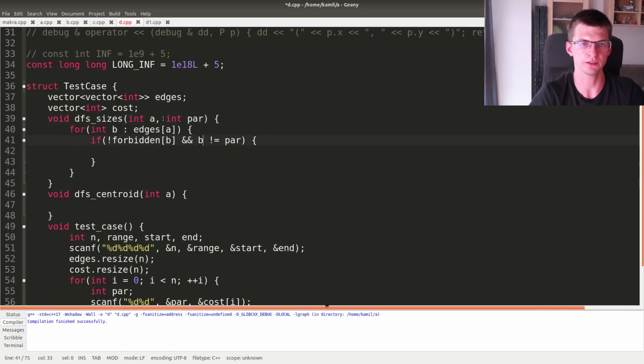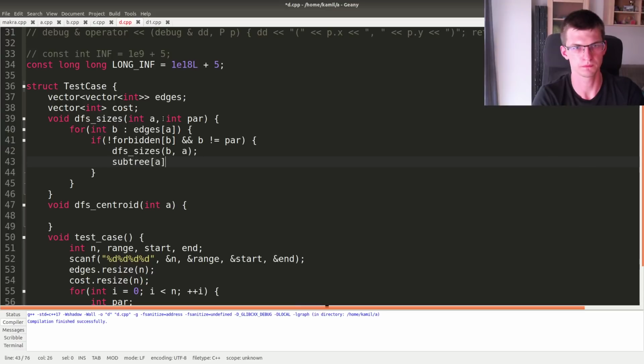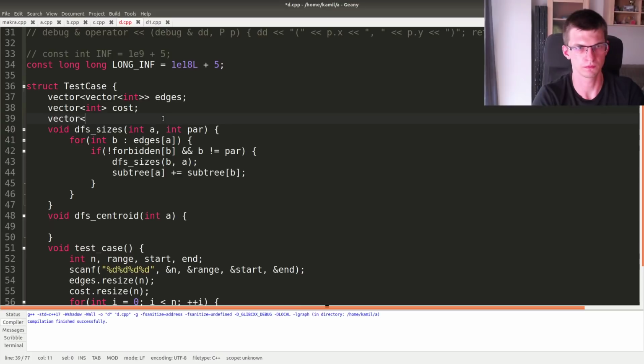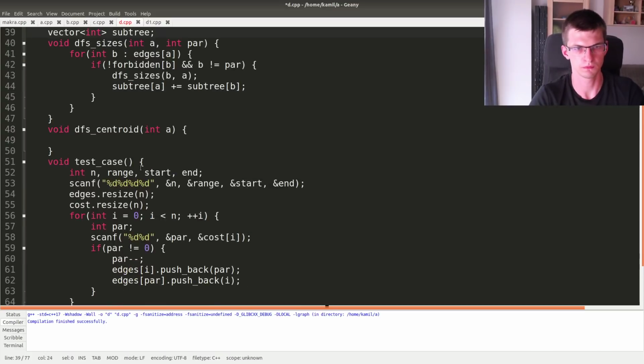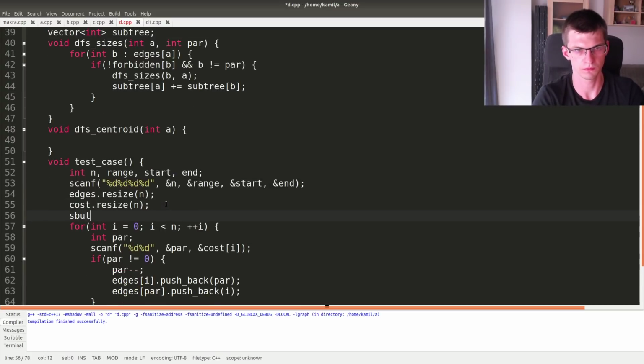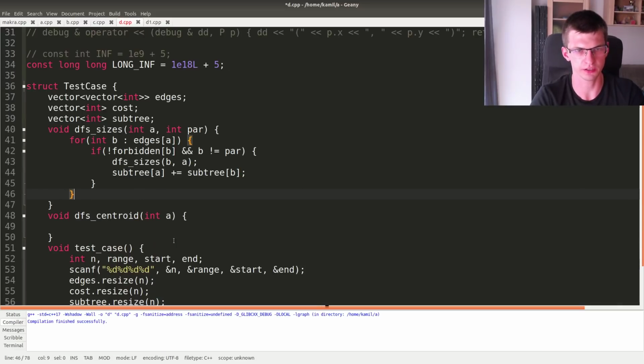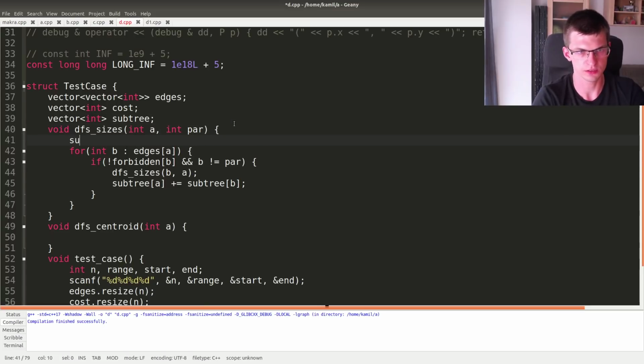Pass that parent. Maybe I should just use arrays. I'm not even sure if they are filled with zeros by default if I create it like that. Do this, subtree of A is 1.